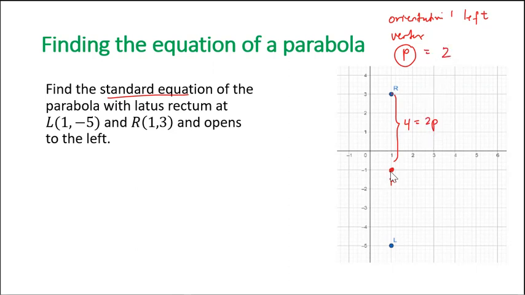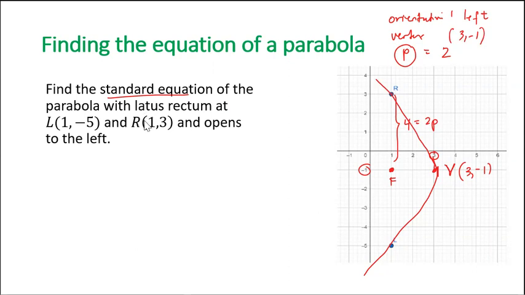So now, from the focus, we can count 2 units going to the right to get the vertex. The coordinates of this vertex would be (3, -1). So the vertex is (3, -1).